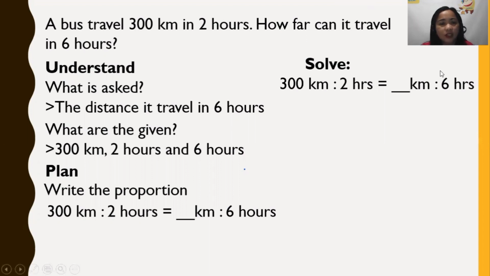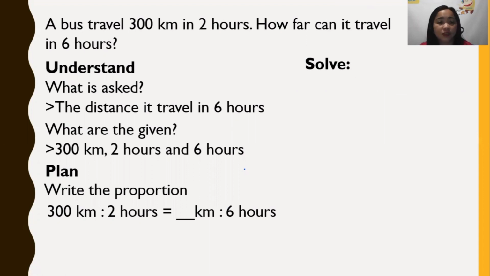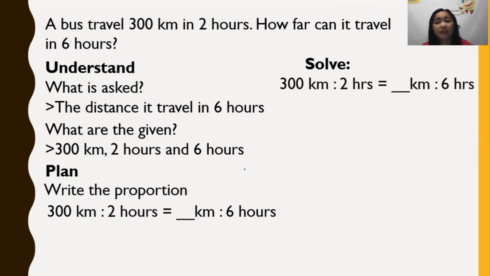So, the proportion here is 300 kilometers is to 2 hours equals blank kilometers is to 6 hours. So, now, let us solve. So here we are looking for this one. Lagyan natin ng x.